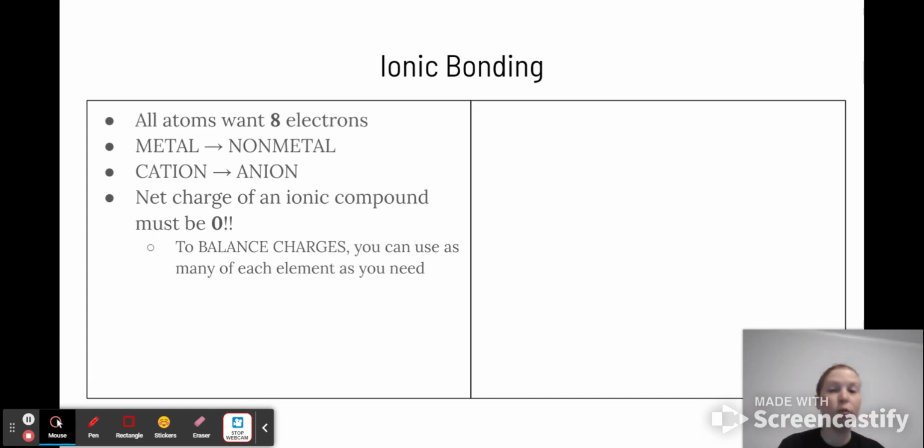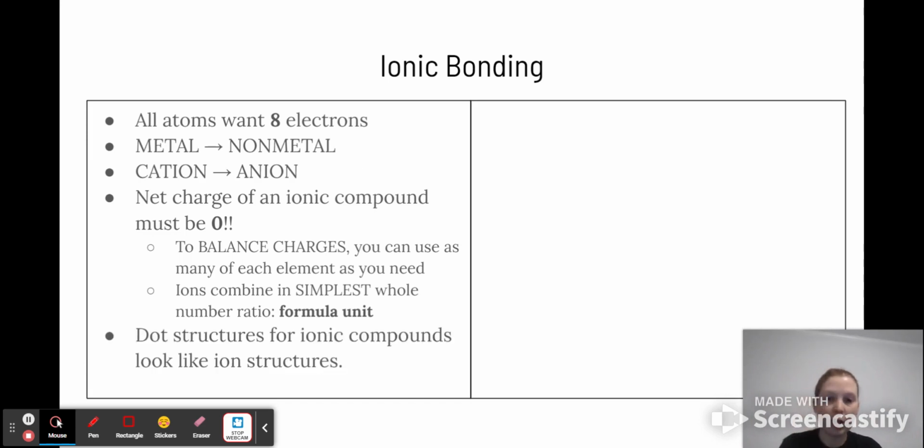That means you can use 2 of those nonmetals to transfer those electrons over. Ions will combine in the simplest whole number ratio, so least common multiple, lowest ratio that we can. That's referred to as a formula unit. And then the dot structures for your ionic compounds look like ion dot structures. Okay, so we're going to follow that last bit from the Lewis dot structures video.